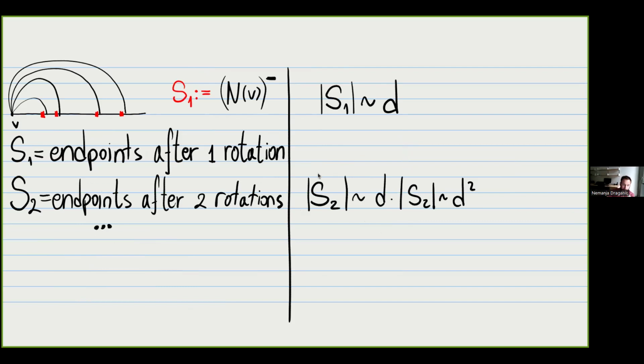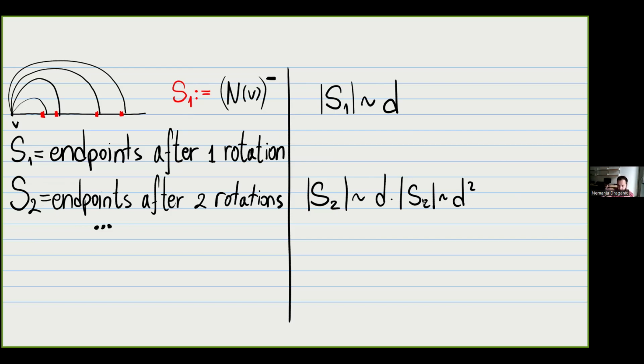Then if you look at S2, for each vertex in S1, you can again do this rotation, and for each one of them you have again d vertices. Since our graph is an expander, one can show that this set S2, which are the endpoints after two rotations, is of roughly size d squared.